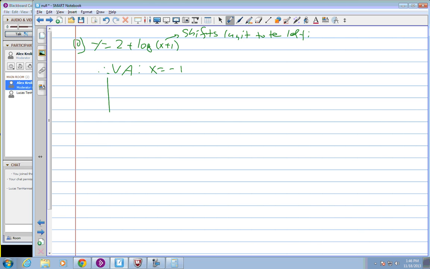The graph of this function would be, this is the original log, right? Well, now you're shifting it 1 unit to the left, so it becomes this. The fact that you're going to shift it 2 units up will not affect the vertical asymptote. I hope that makes sense. Does that make sense?